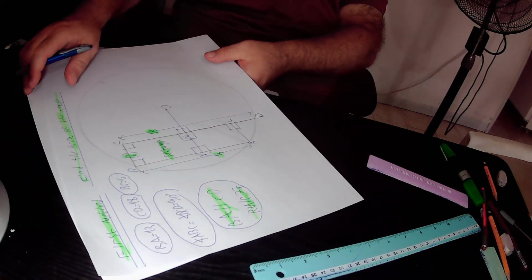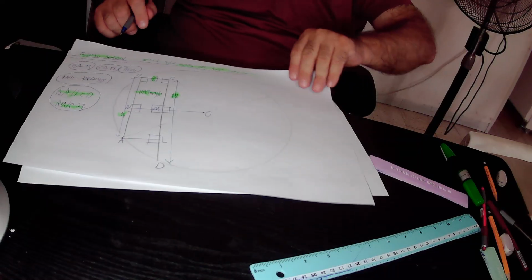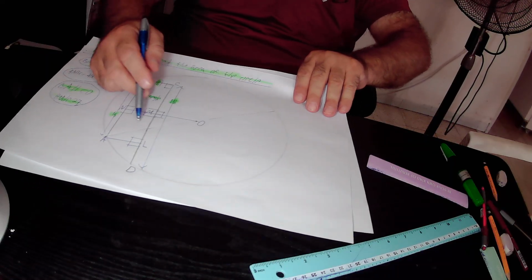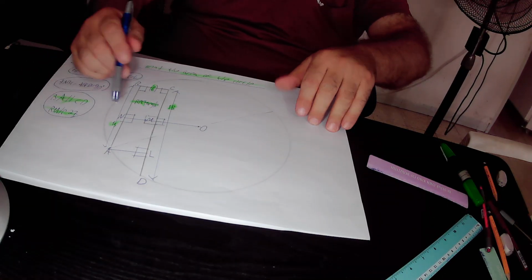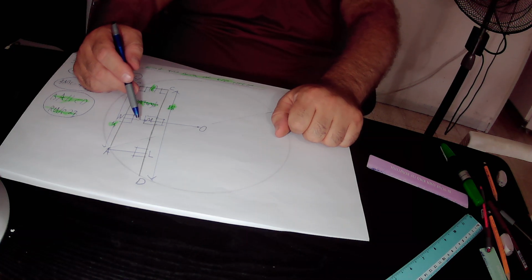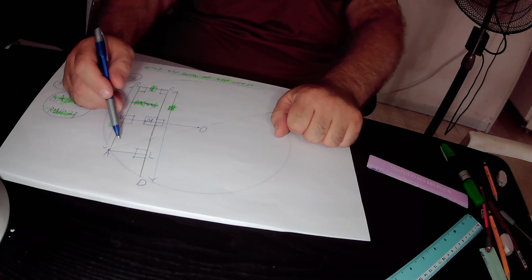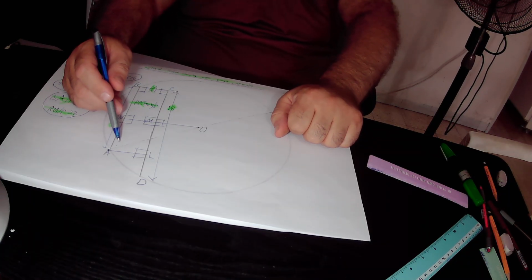By doing this construction, we create quadrilateral MNLA. In quadrilateral MNLA, we have 1, 2, 3 right angles. The sum of 3 right angles is 270 degrees, so 270 degrees plus the size of this fourth angle, in total, must equal 360 degrees according to the rule that the sum of the angles in any quadrilateral is equal to 360 degrees.